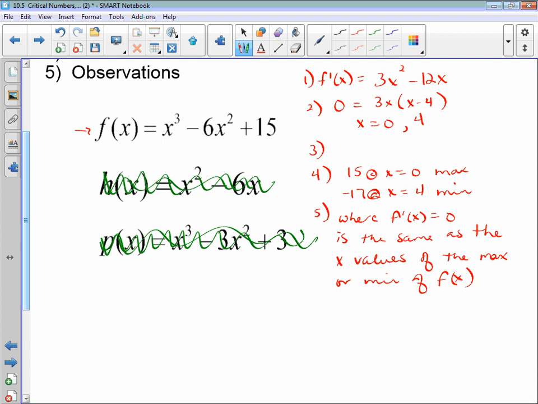So those are called critical values. Or critical numbers. Does that make sense, guys? And so if we've been doing this all algebraically and you got this 0 and the 4, how would you find this 15 and negative 17? In the original. Good. Okay. All right.